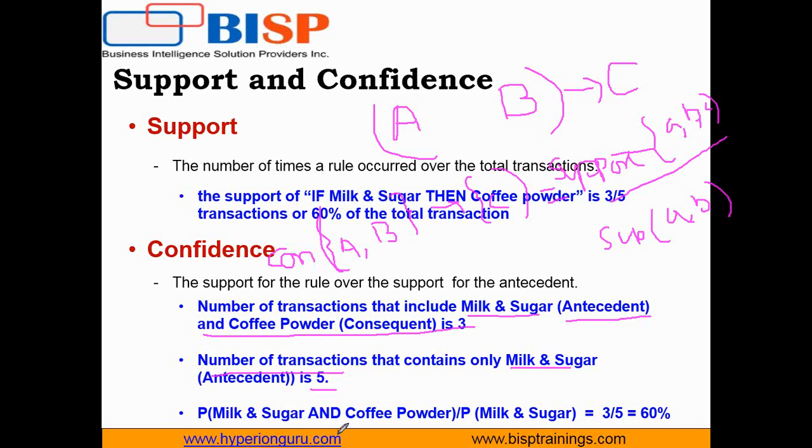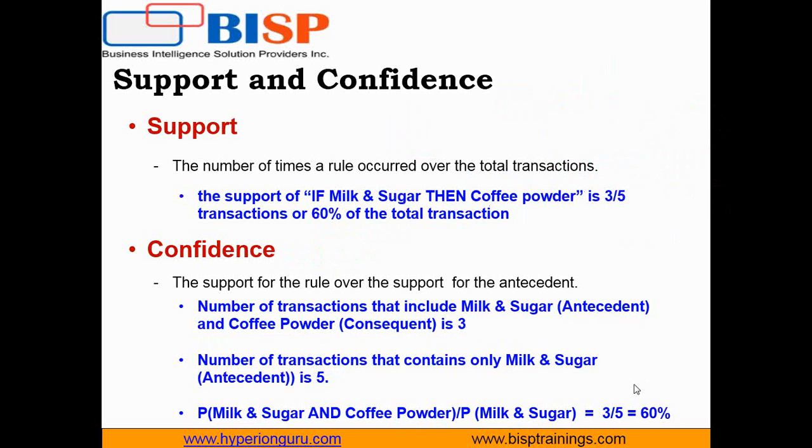So to calculate the confidence: milk, sugar and coffee powder divided by milk and sugar, that is 60%. So that's how we can calculate how confident we are that the customer will buy this product. By looking at the transactions, we can find out the support and the confidence.